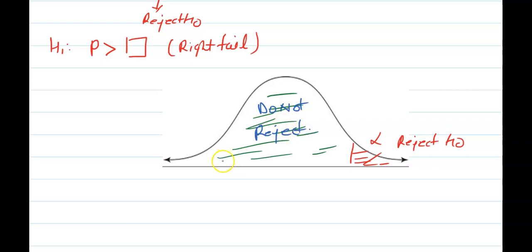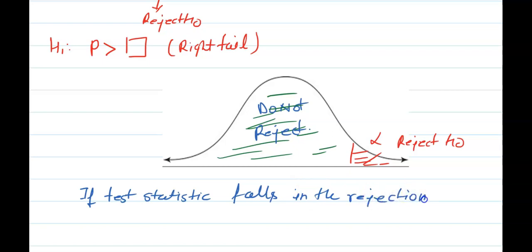Is it fine? And if the test statistic falls in the rejection region, we reject H0. So remember, I can write down here: this is our rejection region, the red one. If the test statistic falls in the rejection region, we reject H0, that is the null hypothesis.